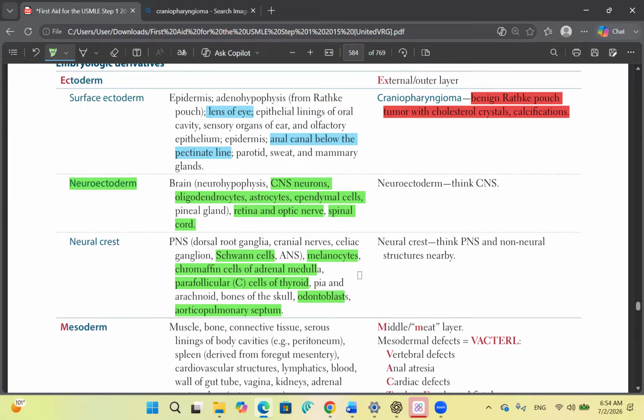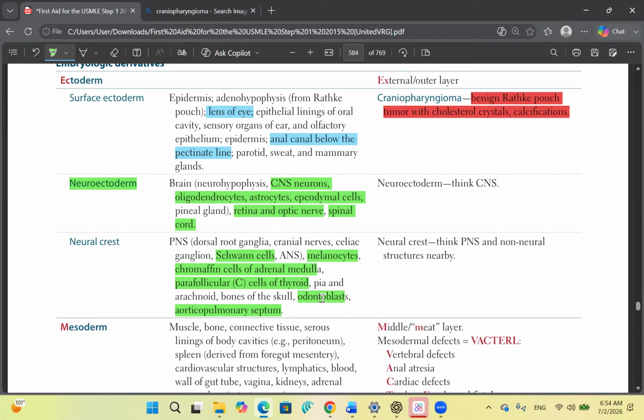Neural crest: think PNS and non-neural structures nearby. When we think of PNS, there is dorsal root ganglia, cranial nerves, ciliary ganglion, Schwann cells, and ANS. And the structures nearby would be the thyroid gland, which has parafollicular cells. Then obviously there would be the pia and arachnoid, and the bones of the skull right above the spinal cord.